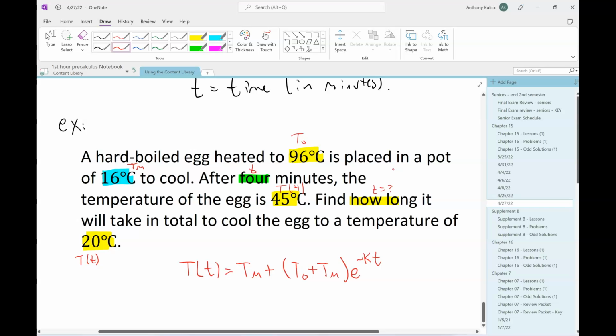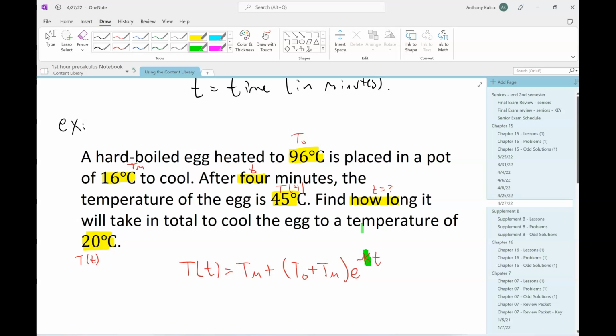Is everybody okay with just unpacking where these numbers would go? What value do I not have anywhere, or that appears in my formula but doesn't appear in the question? I don't have that constant given to me anywhere in the question, right?